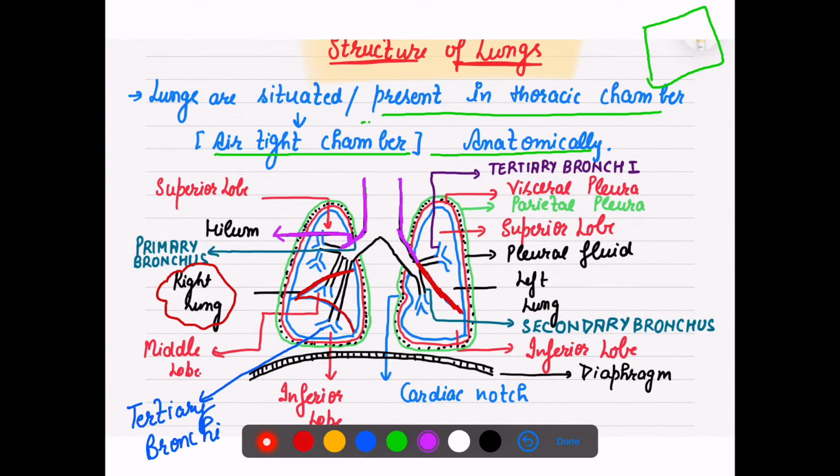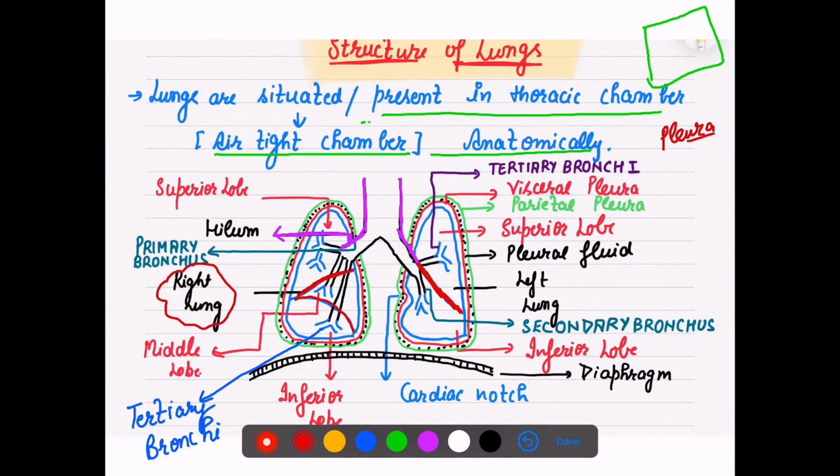That is clear. Now this lung is covered with a double membrane. First I have covered it with red, and then there is green. So there are two membranes, and these membranes of the lungs are known as pleura.